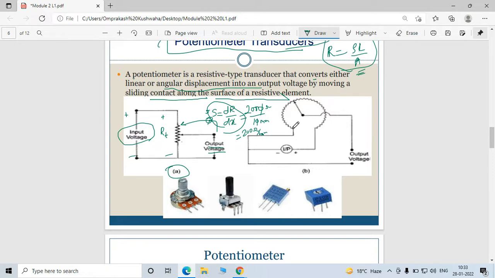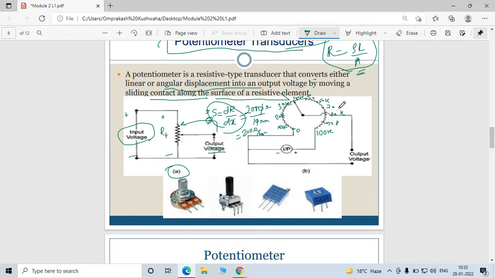For angular displacement, let's say this is your zero. Consider this scale is from 0 to 100k. So this is 0 ohm, and this port is for 10k, this is for 20k, this is for 30k, this is for 50k, and similarly 40k, 60k, 70, 80, 90, and 100k.